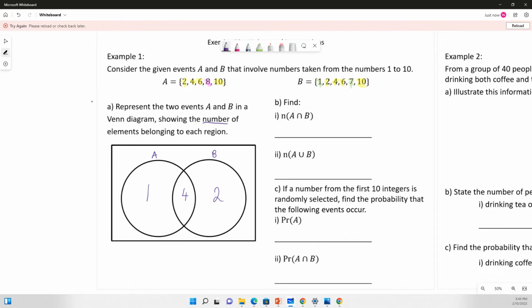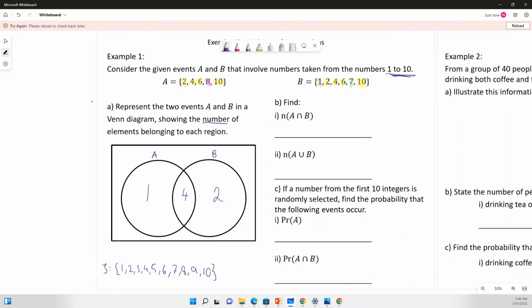Now, something that is really important to remember is our total sample space. So our sample space was the numbers from 1 to 10. Now, not every number between 1 and 10 fits into A or B. So if we think about our total sample space, numbers from 1 to 10, that is 1, 2, 3, 4, 5, 6, 7, 8, 9, 10.